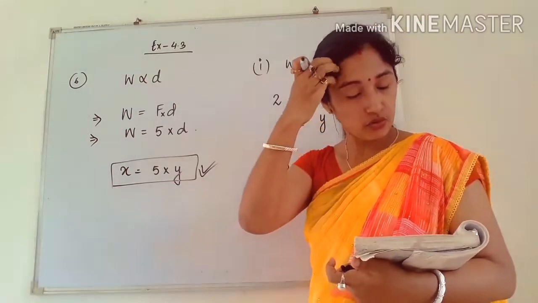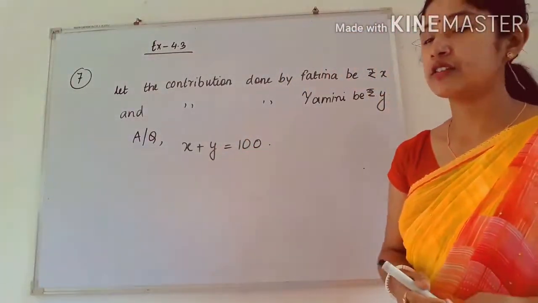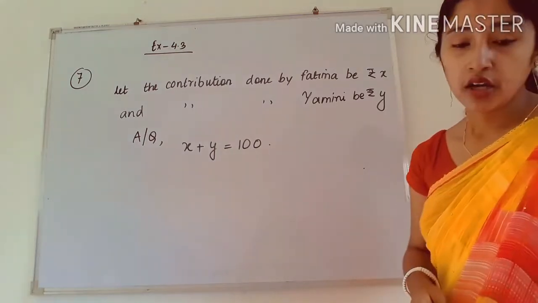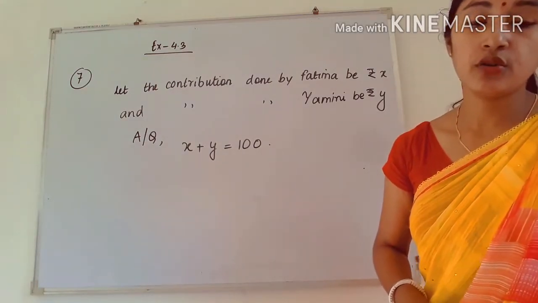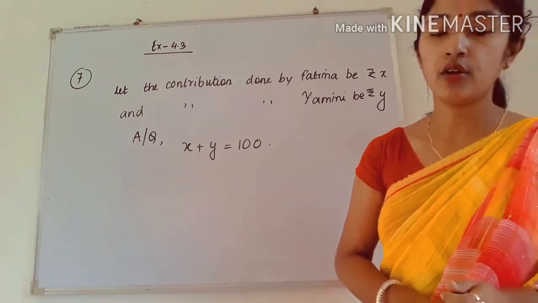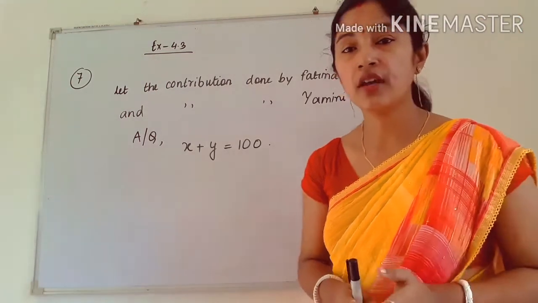So next come to question number 7. In question number 7 it is given that Yamini and Fatima contributed towards the Prime Minister's Relief Fund to help the earthquake victims. So their total contribution is rupees 100.